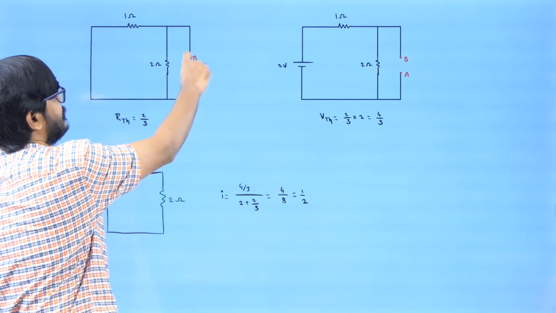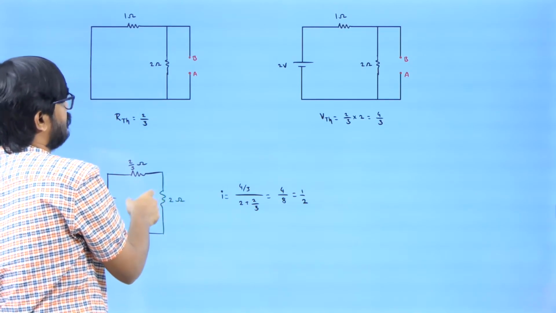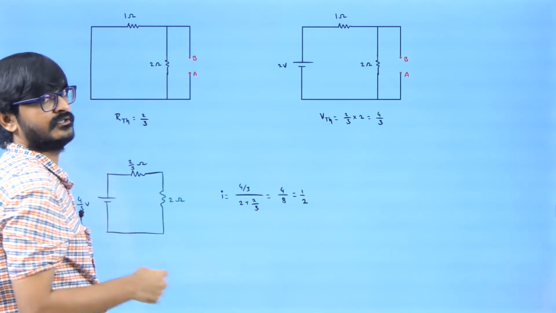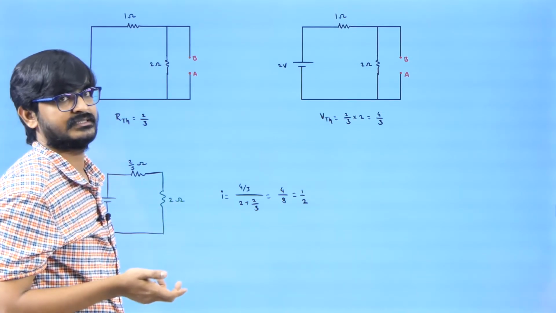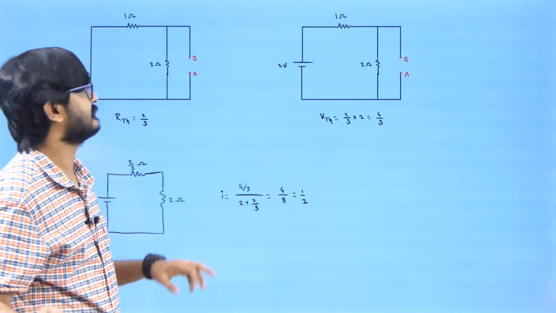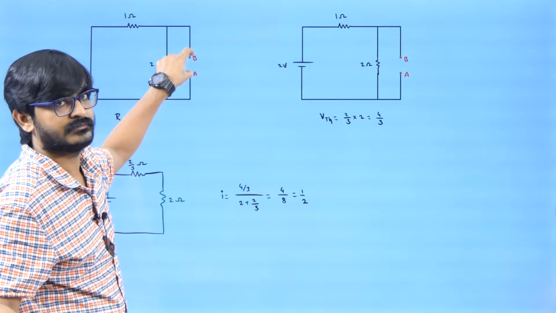So the equivalent resistance across these 2 points must be the same as the equivalent resistance across these 2 points. So what is the equivalent resistance here? 2 by 3. So this must be 2 by 3. This theorem is called Thevenin's theorem, and that resistance is called Thevenin's resistance. If you want to find Thevenin's resistance, short circuit the batteries and find the equivalent resistance across the load, which is 2 by 3.